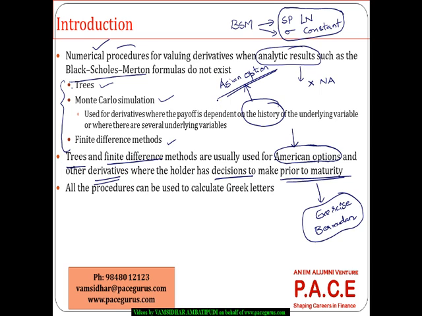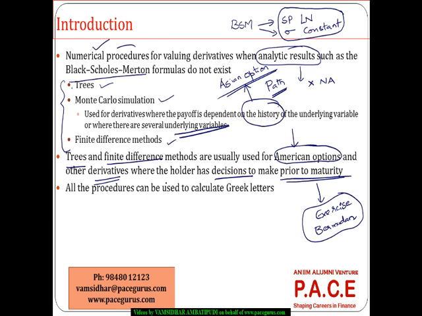So there is a lot of dependency on the history, on the path that is typically being followed. So where there is a possibility of such a kind of thing, or even when there are more underlying variables instead of just one or two, if there are multiple underlying variables, then compared to the other procedures, Monte Carlo simulation becomes more and more handy.